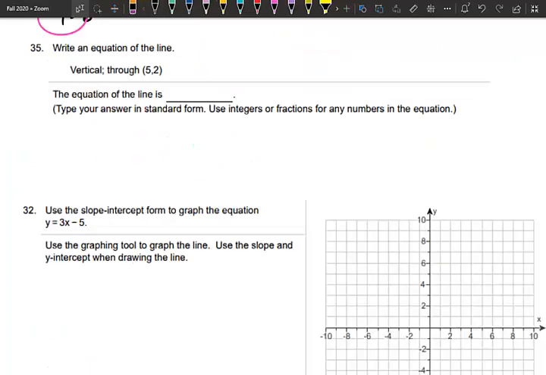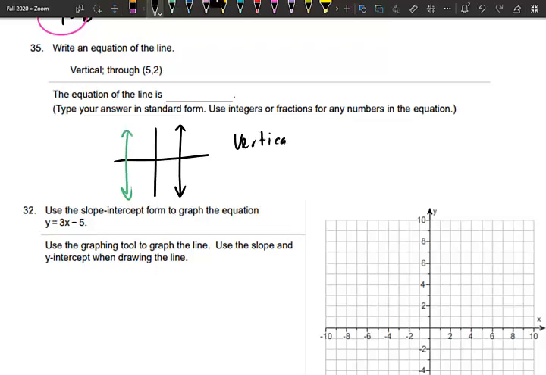We're going to write an equation of a line, vertical, and it goes through (5, 2). So if I just think of a vertical line, it looks something like this, right? Or it looks something like this. It's just vertical. So a vertical line goes through the x-axis.